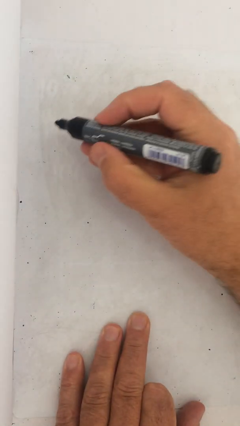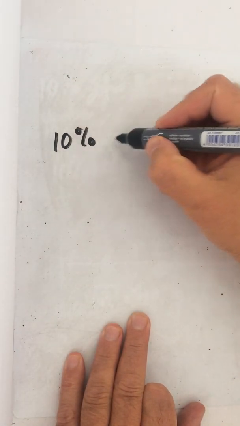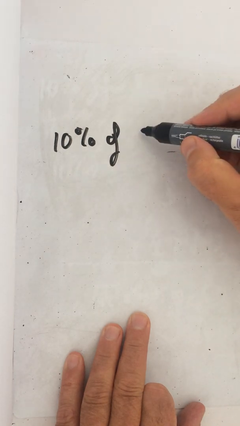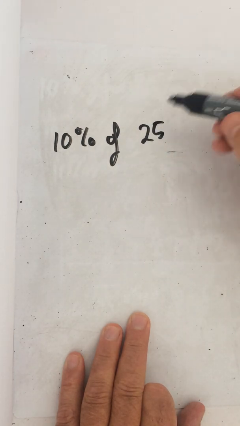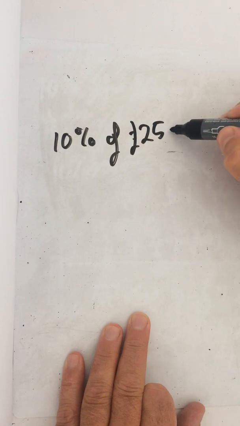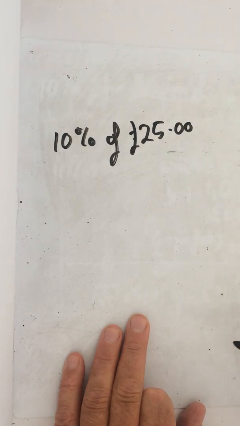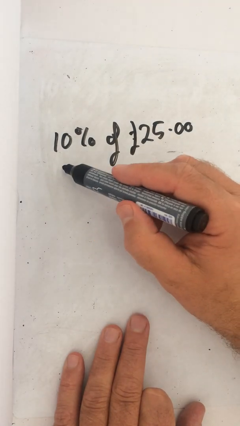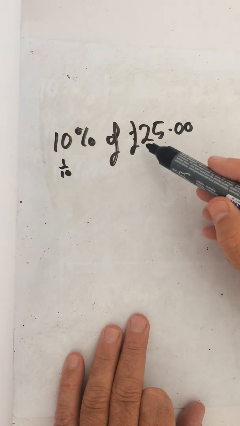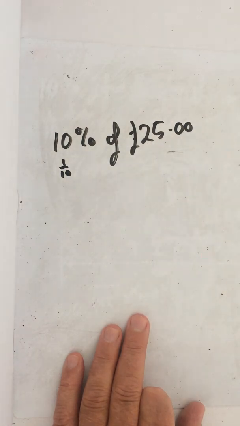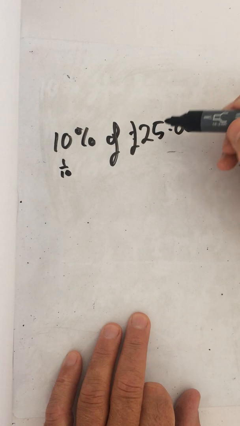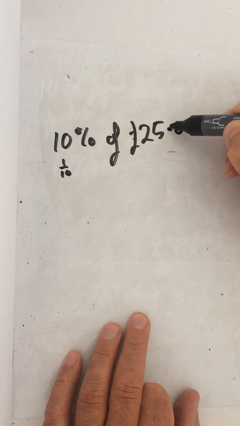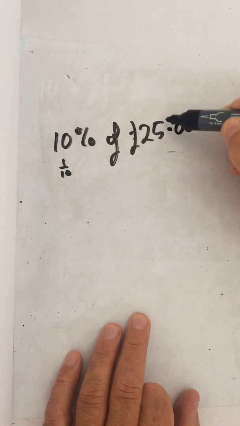If you had to find 10% of 25, okay, let's go for 10% of £25. So I have to find a tenth of it. So 10% is the same as a tenth. So I'm dividing it by 10. Now remember, when I'm dividing by 10, and it involves a decimal point, I will move the decimal point one place to the left and move the numbers one to the right.